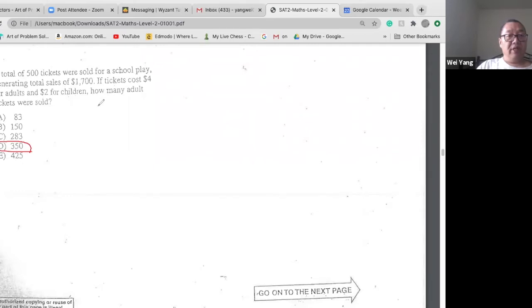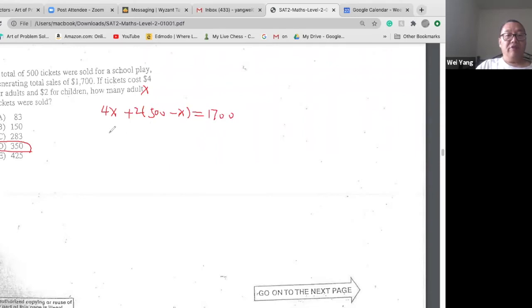How many adult tickets were sold? So let's suppose that's x. That will be 4 times x plus 500 minus x times 2. This will give you 1,700.